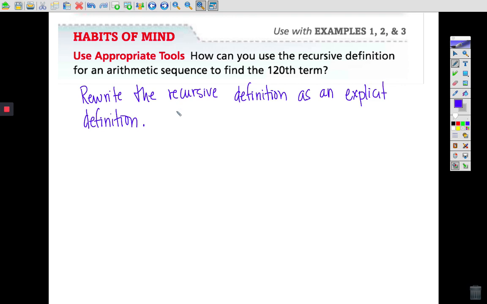Then use the explicit to calculate A sub 120.